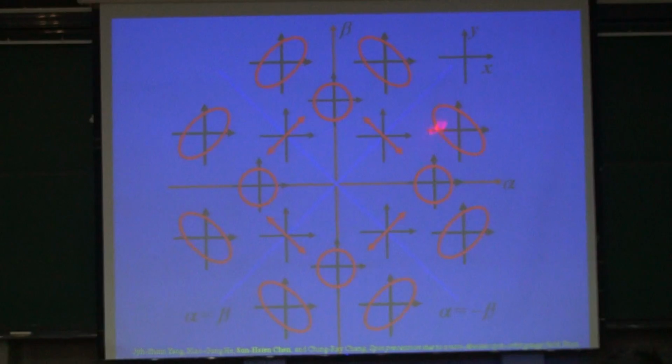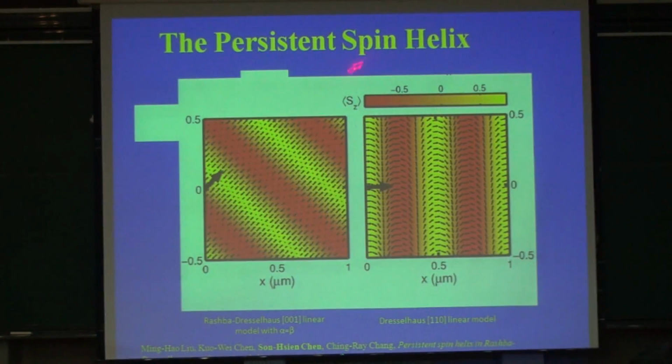But when alpha is not equal to beta, the contour maps are circular and elliptical. The most important thing is that for this persistent spin helix, when alpha equals beta, your Hamiltonian and the spin operator commute. So it's very robust, and it's a good way to make a quantum unit that can be operated.